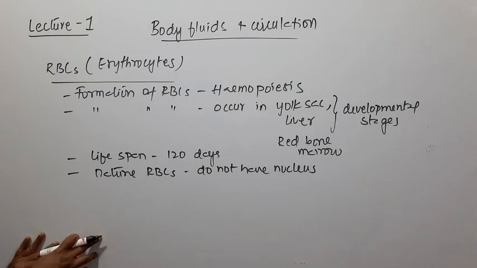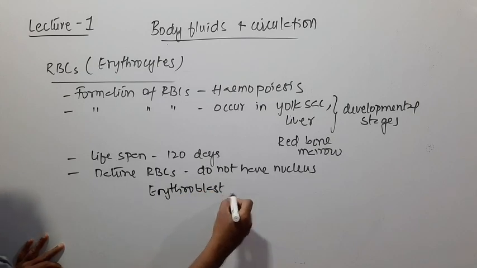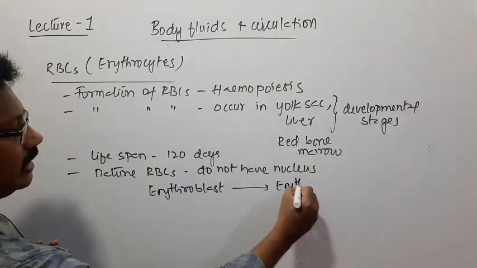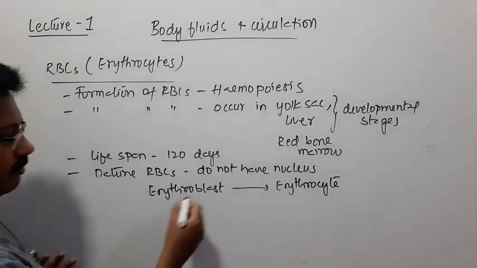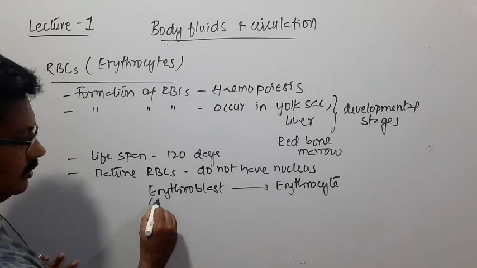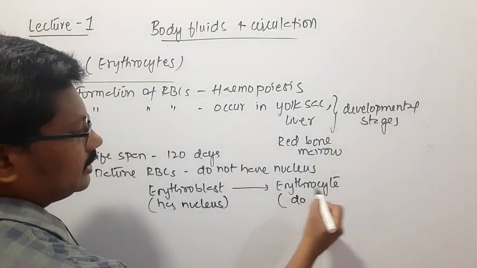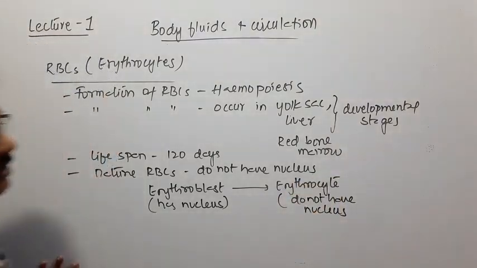In this case we say erythroblast. This erythroblast will have a nucleus, but later once it becomes an erythrocyte, it loses the nucleus. So an erythrocyte does not have a nucleus. It's a mature RBC, and we call it erythrocyte or red blood cell.